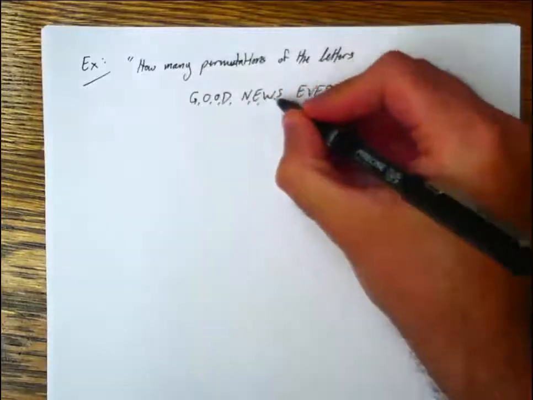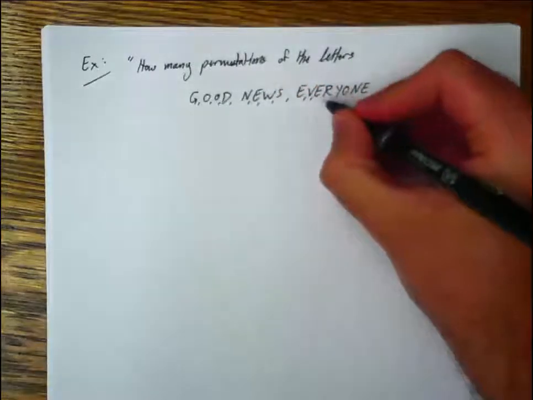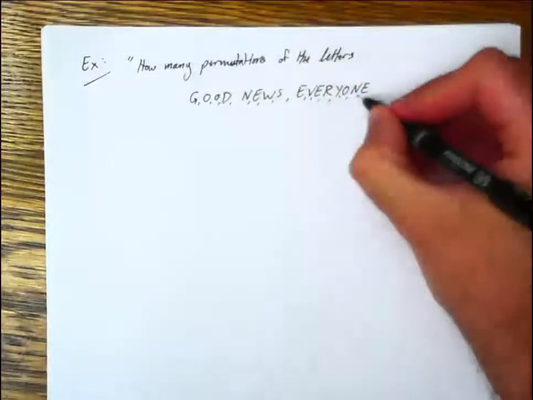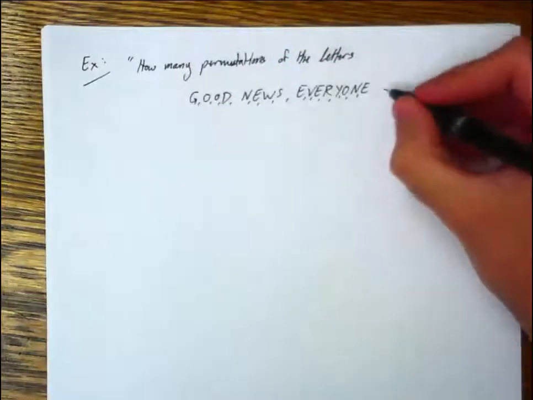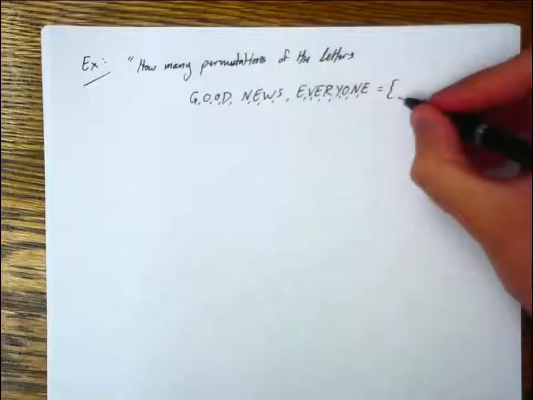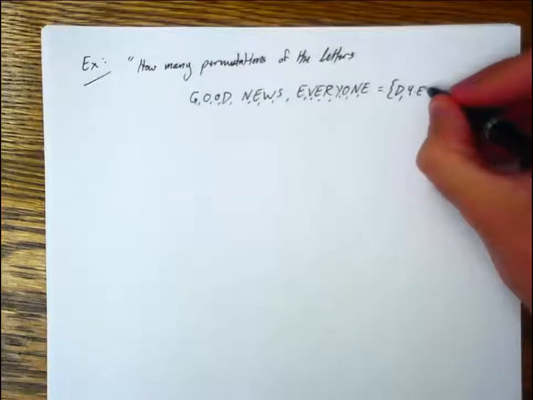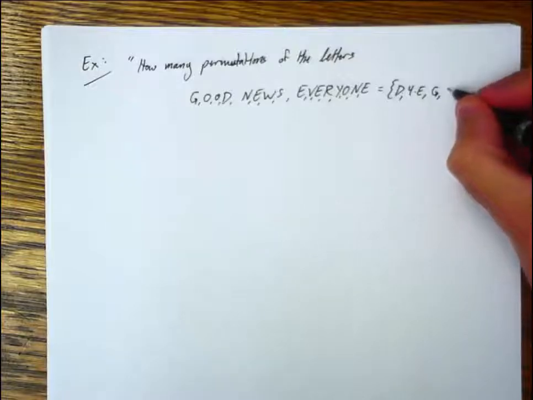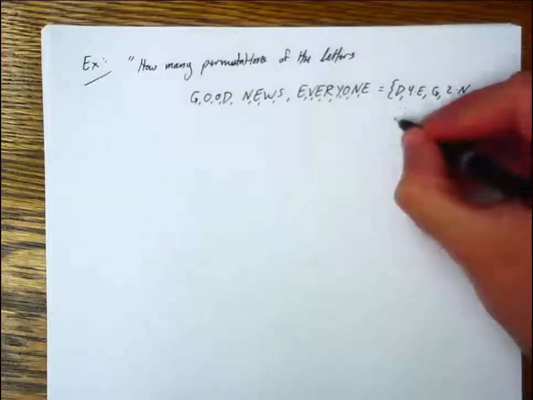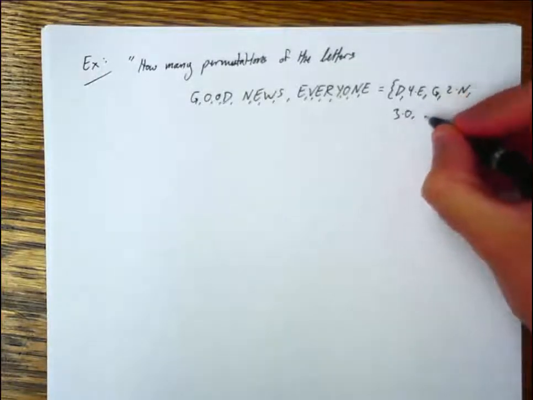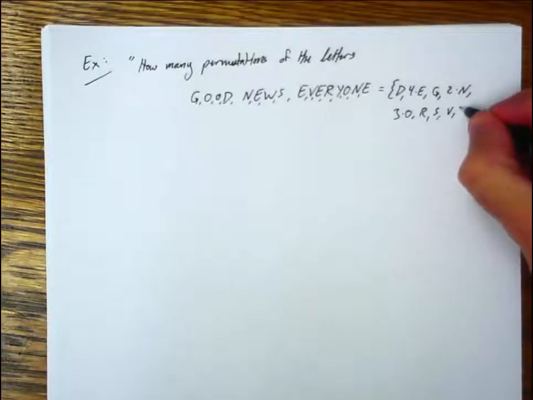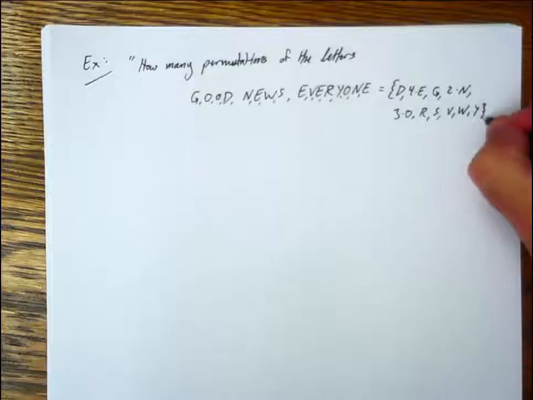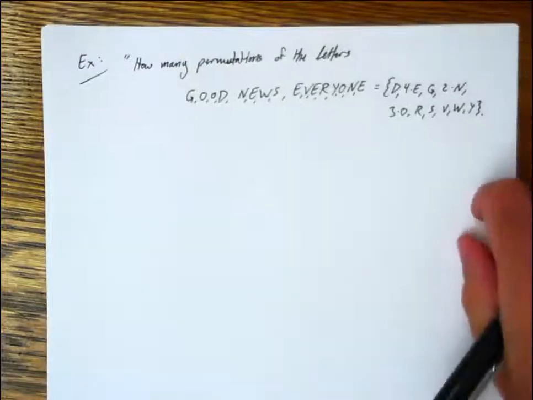Okay, so I'm going to permute all of these letters, and for reference, this is the multi-set, let's see, it's D, 4 E's, 1 G, 2 N's, 3 O's, 1 R, 1 S, 1 V, 1 W, and 1 Y. So that's the multi-set I'm working with.